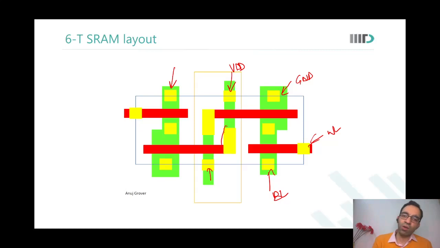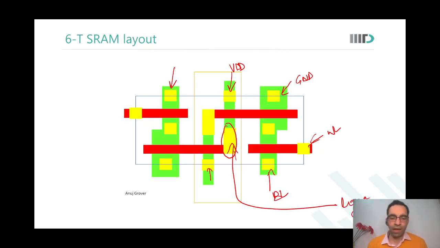And do you see this is a long contact? Have you seen such a long contact anywhere else? All of you have made layouts. Have you seen a long contact elsewhere? No, sir.